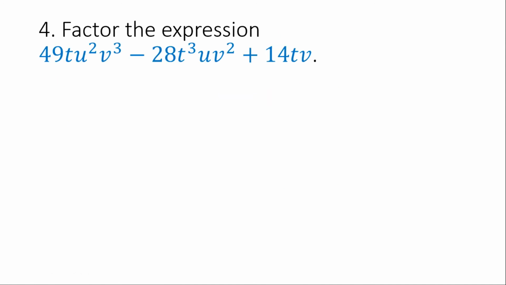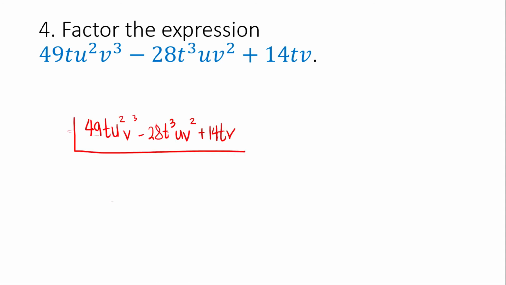Alright, next. Let's try to factor the expression 49 tu squared v cubed minus 28 t cubed u v squared plus 14 tv. So, let us inspect the numerical coefficients 49, 28, and 14. Okay, so unahin natin si 49.